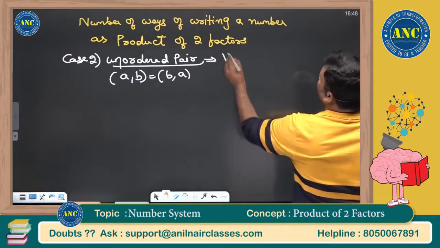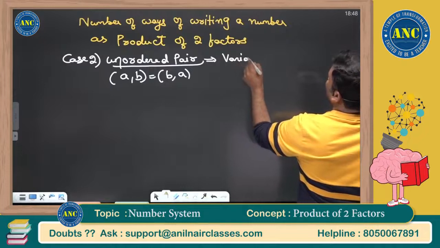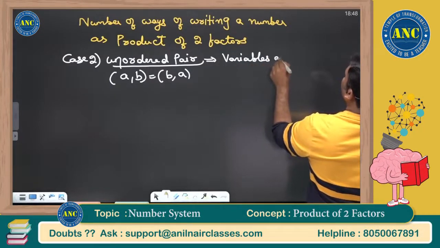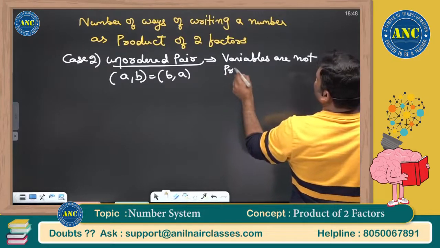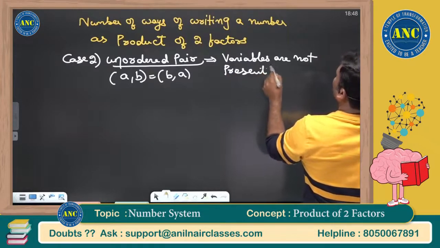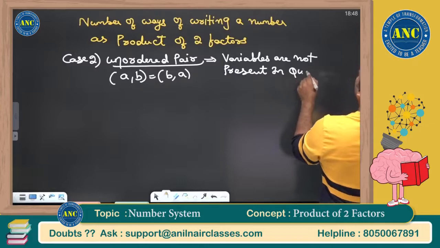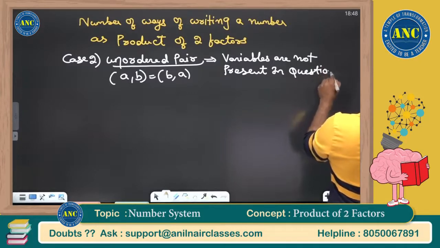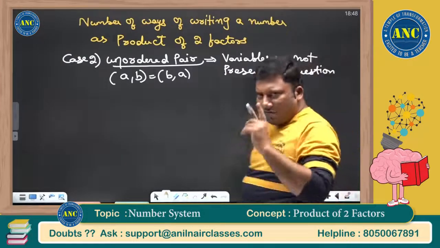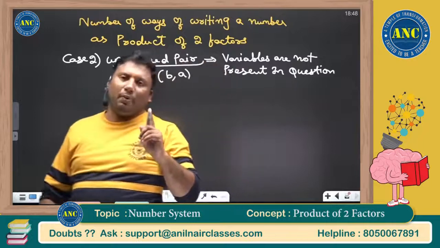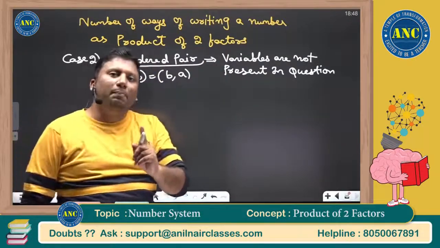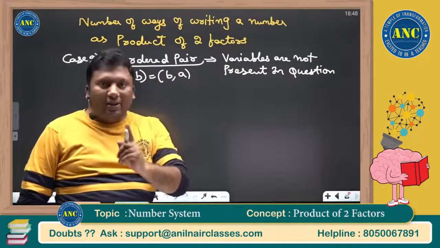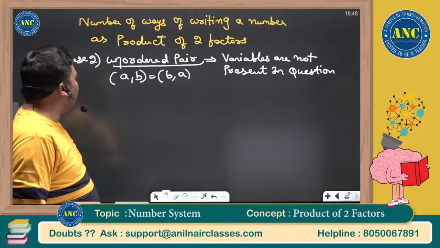If the variables are not present in the question, make use of unordered pair. This is an extremely important key point. Variables are present in the question, use ordered pair. Variables are not present in the question, use unordered pair.